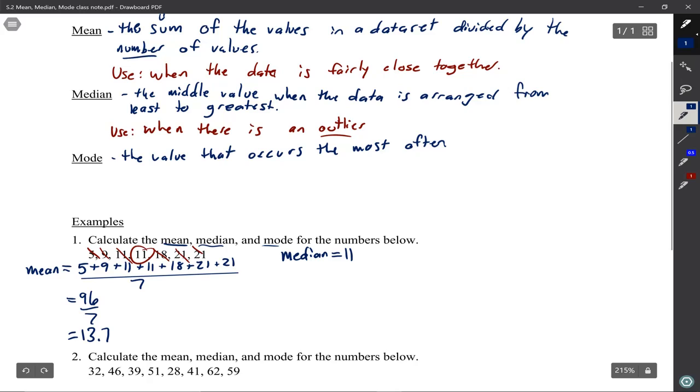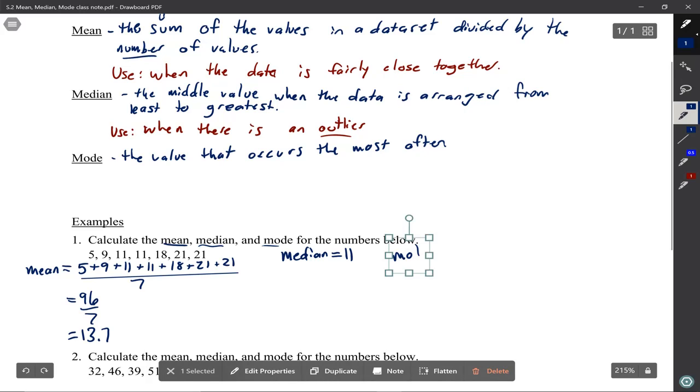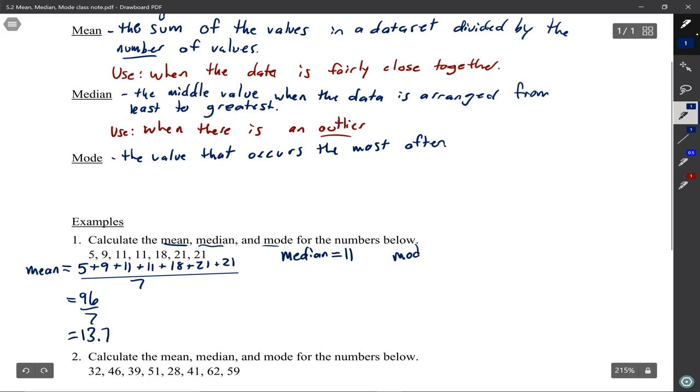And our mode is the value that occurs the most often. I'm going to erase those scratches there. So, our data set: 5 only occurs once, 9 only occurs once, but 11 occurs twice, 18 occurs once, and 21 occurs twice.